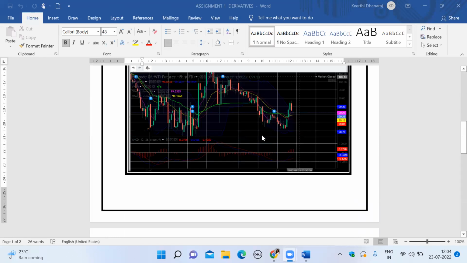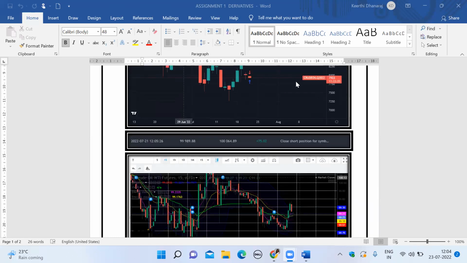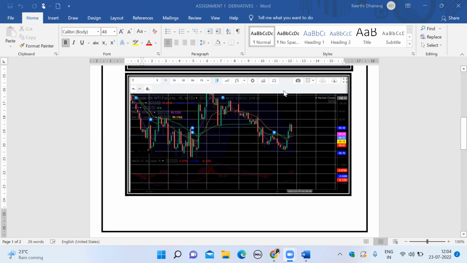I usually place a trade on TradingView. I mean, recently I started doing that, and this is investing.com. I used 4 indicators, that is MACD, VWAP, then EMA, that is exponential moving average 5 and 20.